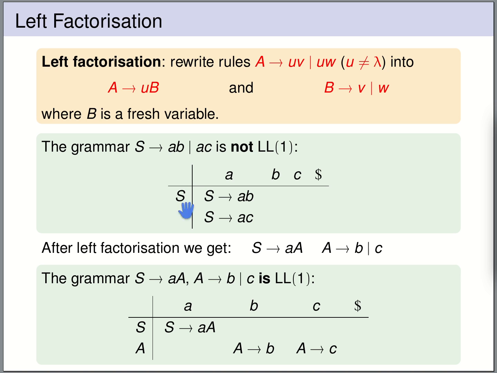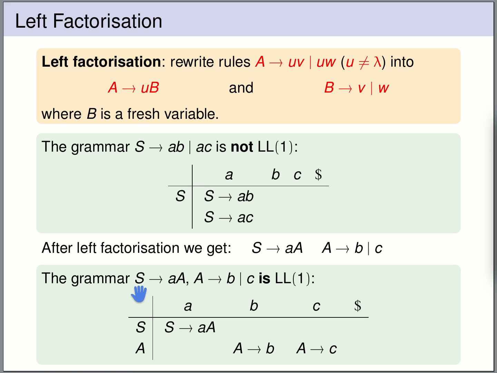We introduce a fresh variable, so we say that S rewrites to a A, so terminal a, variable A, and the variable A then rewrites to B or C. The language generated by the grammar is the same as of our original grammar, but now the grammar is LL1. Now with a single symbol look ahead, we can always decide what rule to apply.